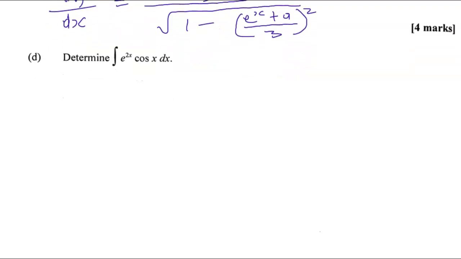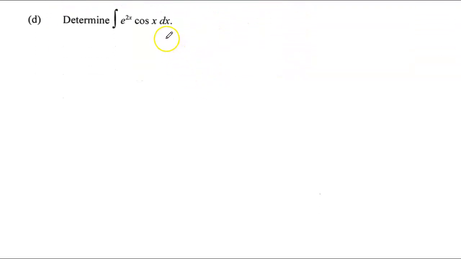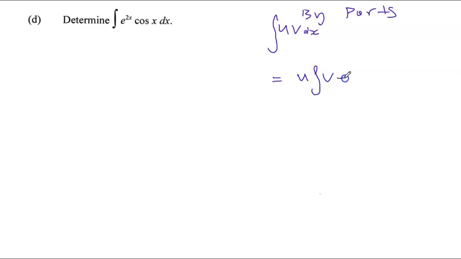Next, we're asked to integrate e to the 2x cos x, and of course we have a product of two functions, so we're going to apply integration by parts. Now the by parts formula: the integral of uv dx is equal to u times the integral of v, minus the integral.